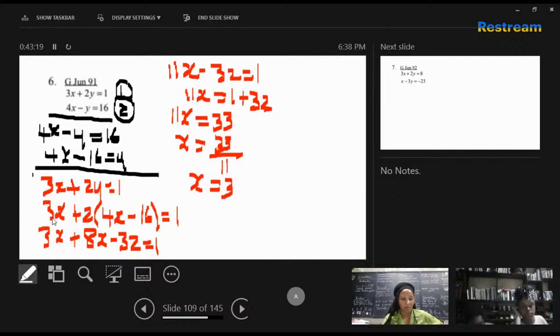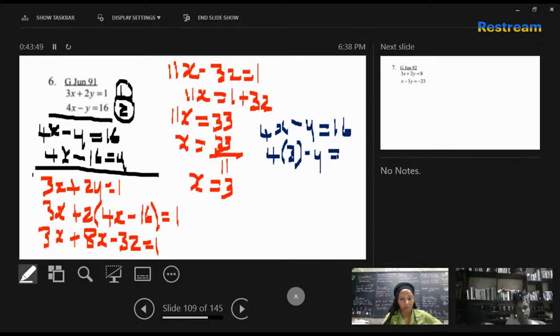So now we're going to use x equals 3 to find y. We use the second equation: 4x minus y equals 16. So 4 times 3 minus y equals 16.